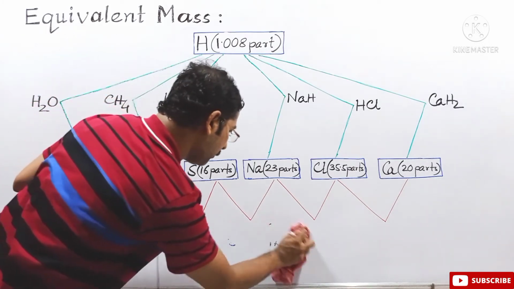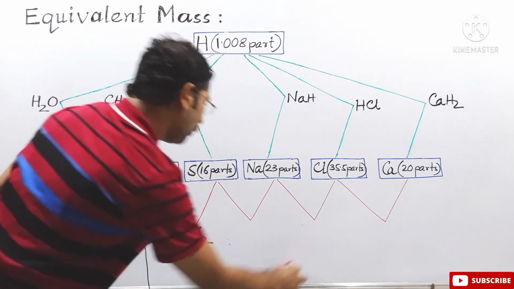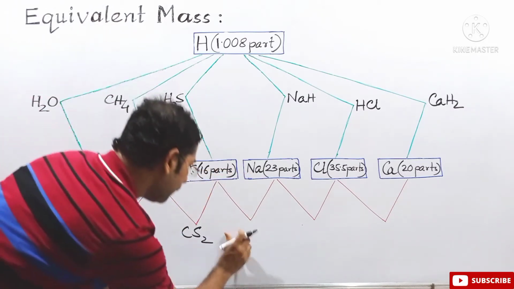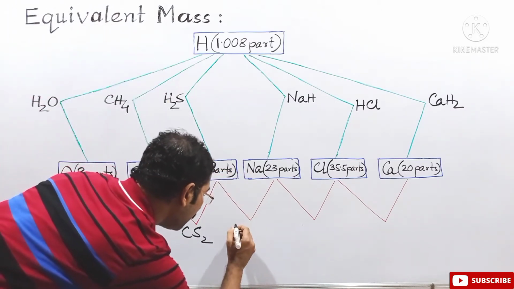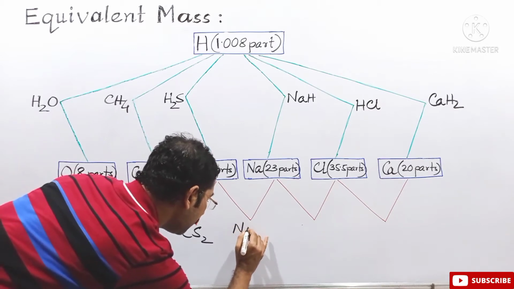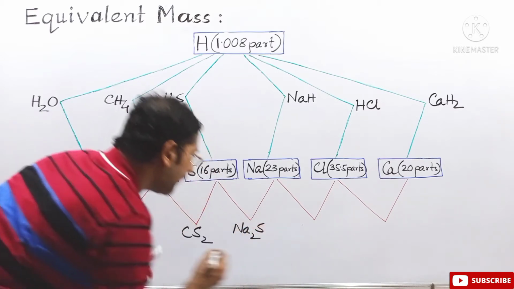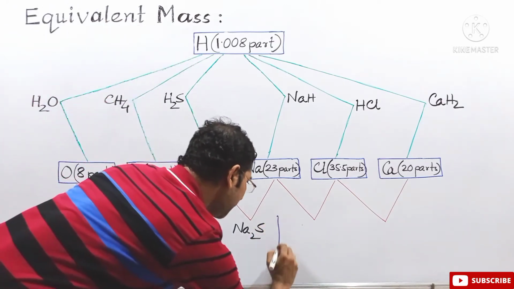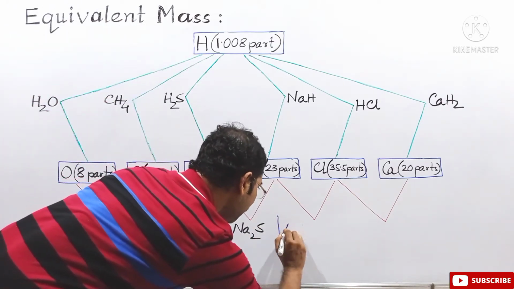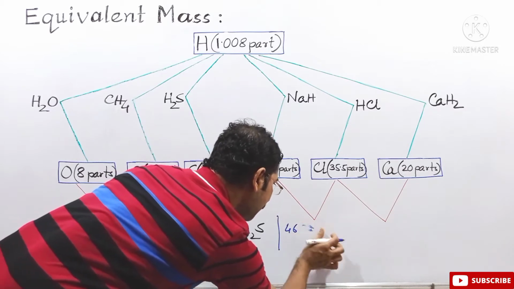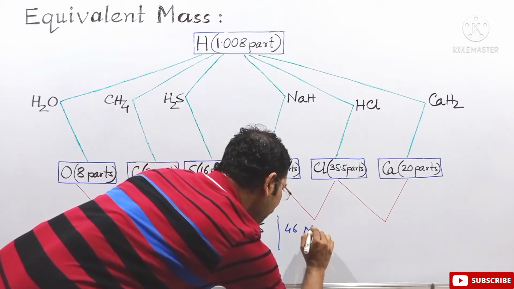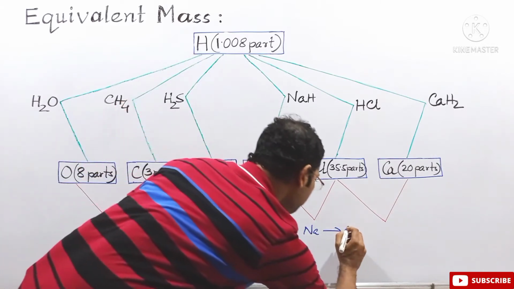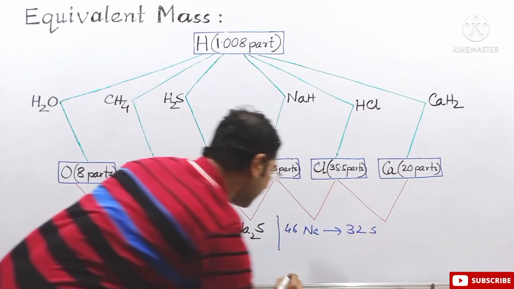Looking forward, what will happen next? When sodium and sulfur combine together, they form the compound, we know this is sodium sulfide, Na2S, right? And in Na2S, what will happen? We can write 23 into 2, this is 46 parts of sodium, combined with 1 sulfur, this is 32 parts of sulfur.